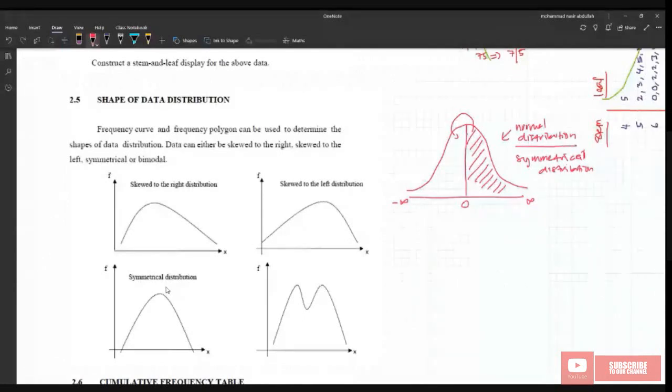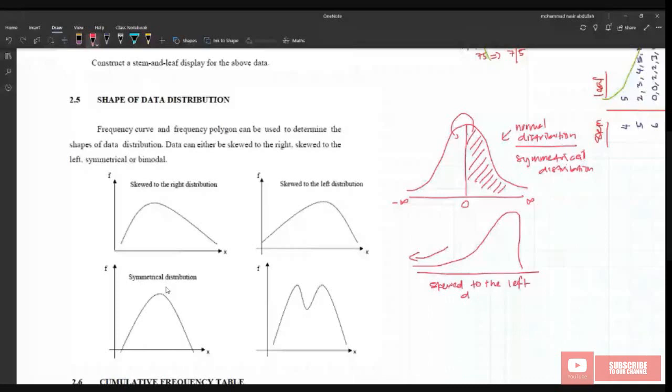Another distribution is one that has a tail long to the left. So this tail is long to the left. So this is what we call a skewed to the left distribution, right?